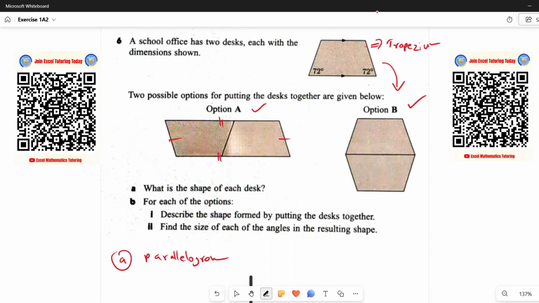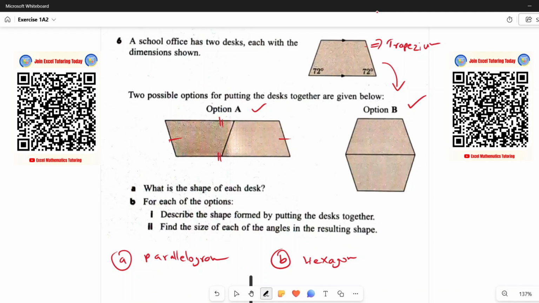Option B is a hexagon. In the last video we discussed the hexagon, which has 6 sides and 6 vertices. So we call this a hexagon.